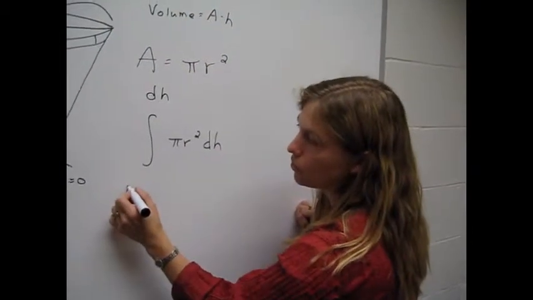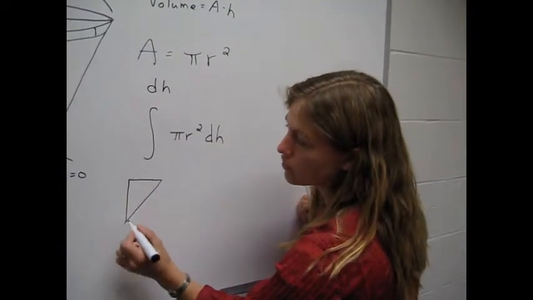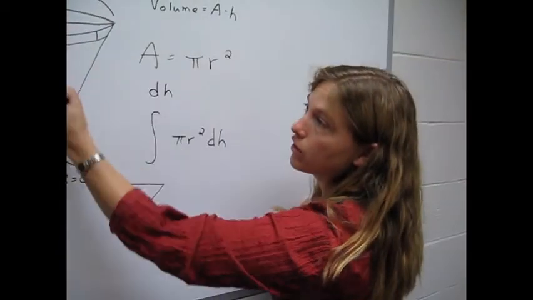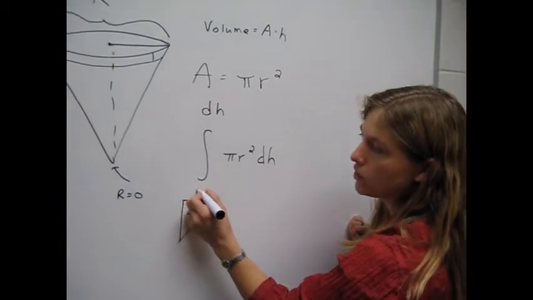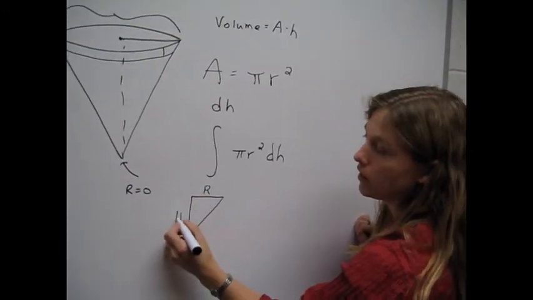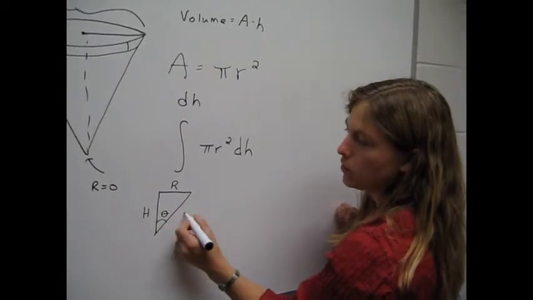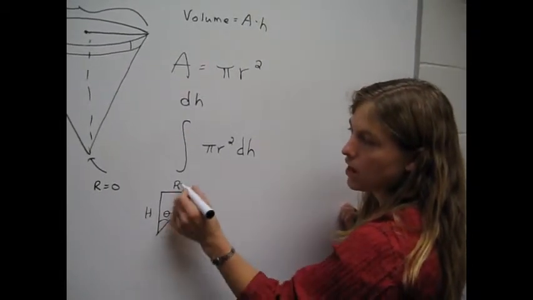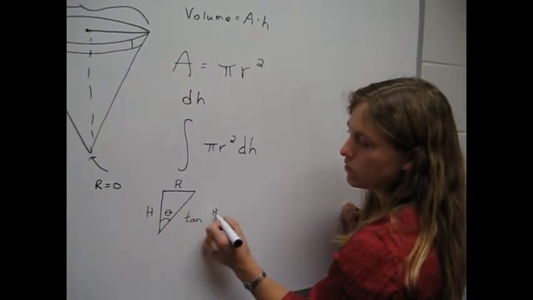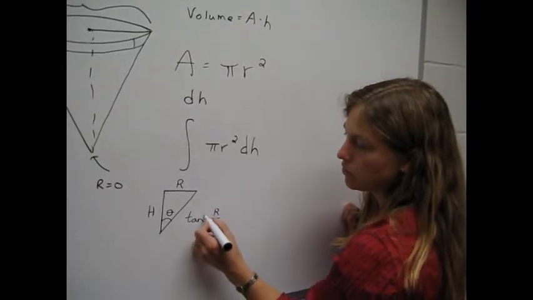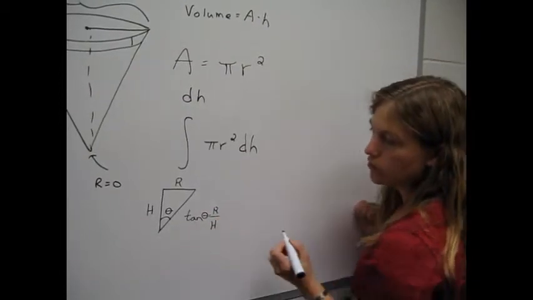Now the cone can be drawn as a triangle if we just draw the line down the middle of it. So here we have r and h, and this is an angle theta. And we know that the tangent is the opposite over the adjacent, so that would be r over h. Tan theta equals r over h.